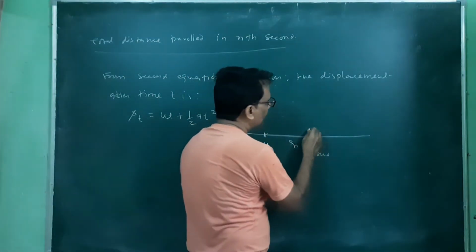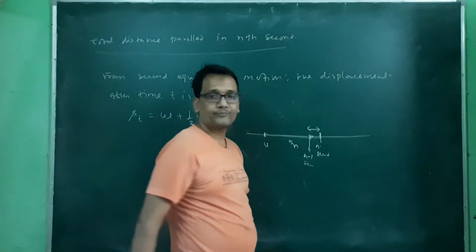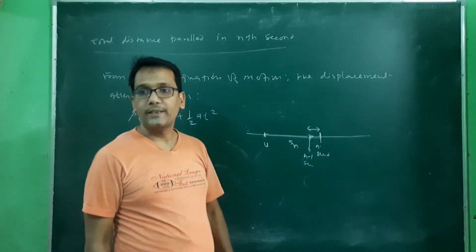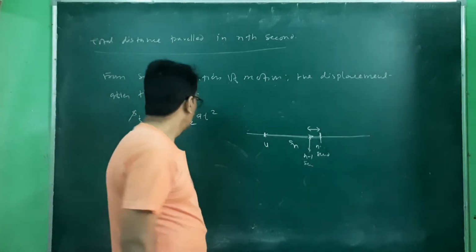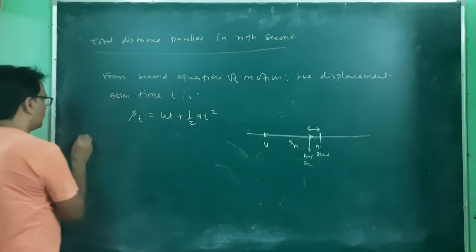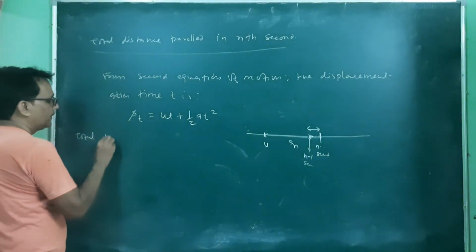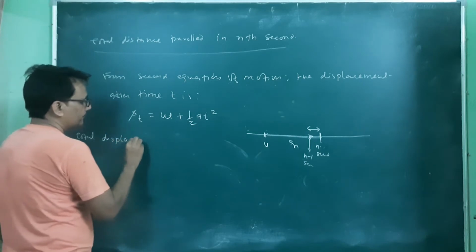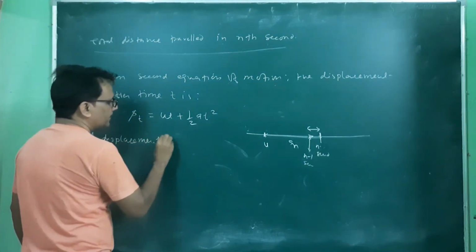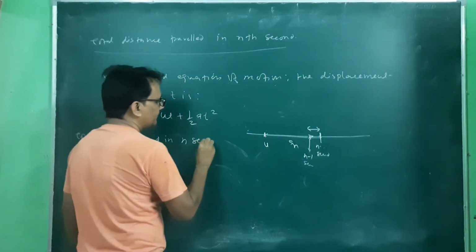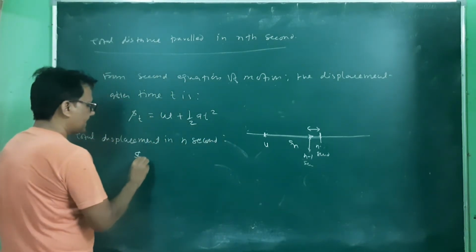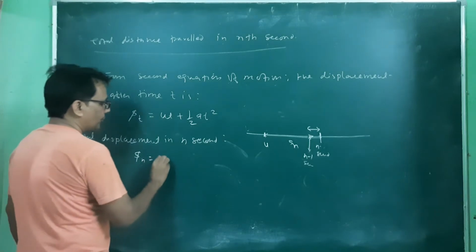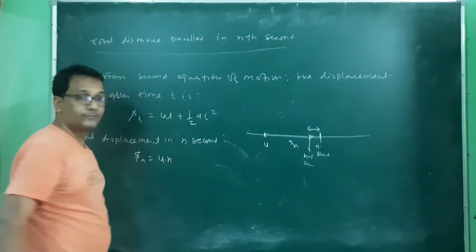Then we have to calculate this in the nth second, meaning the last 1 second. So total displacement in n second, this is Sn, it is equal to u multiplied by n.